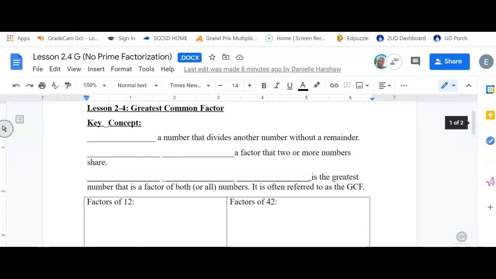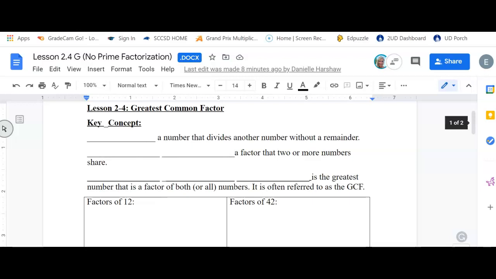In our guided notes, it says key concept, blank. A number that divides another number without a remainder. Does anyone know what that term is? There's another way to say this. It's in GCF. What is a number that divides another number without a remainder?